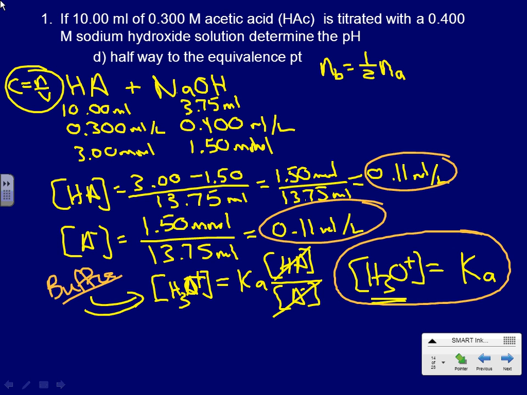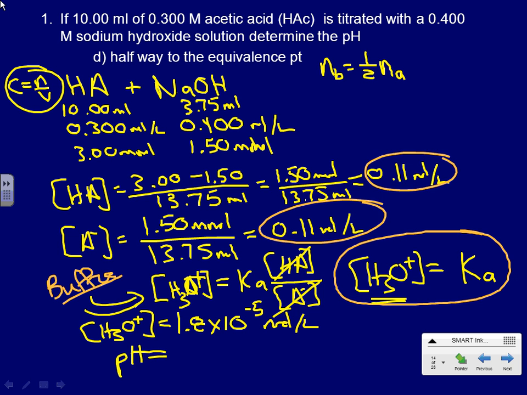All right, well, let's complete the calculation. H3O+ is therefore equal to 1.8 times 10 to the minus 5 moles per liter. No calculation needs to be done. Take the negative log of that number, and we have a pH that is equal to 4.74.